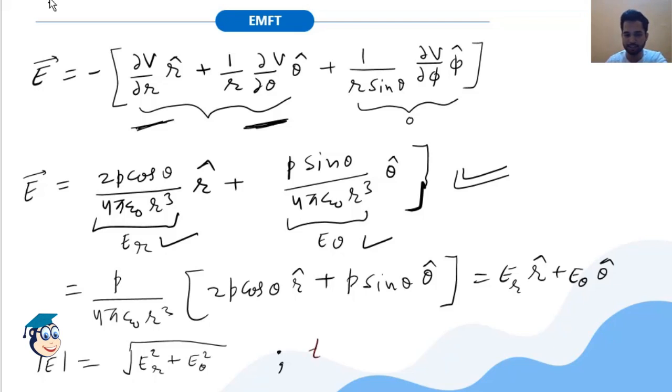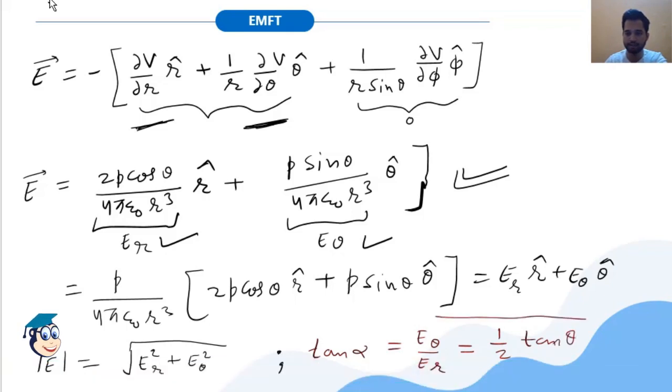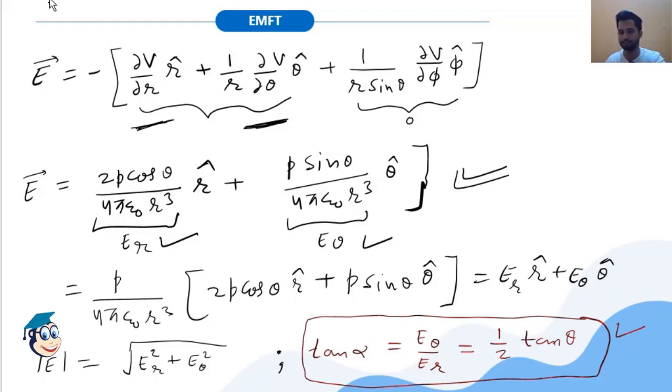You will get tan alpha is E_theta divided by E_r, and you will get this equal to half of tan theta. So alpha is tan inverse of half of tan theta. You can calculate the angle alpha which the resultant makes with the r cap direction.